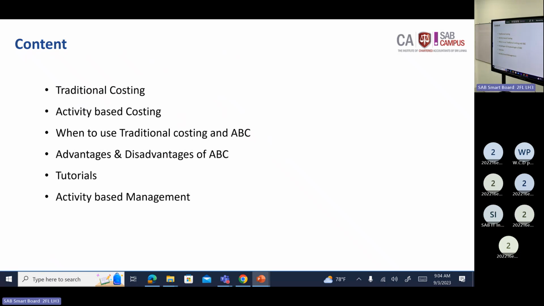So we will discuss traditional costing a little bit, then activity-based costing, when to use traditional and activity-based costing, advantages, and disadvantages. We have some tutorial activity, and finally, the use of activity-based costing for management decision-making we can discuss under activity-based management. Right.